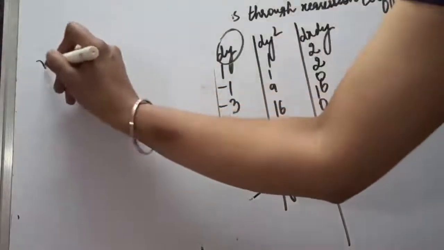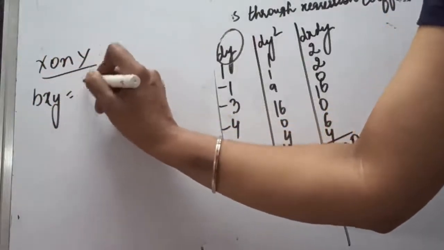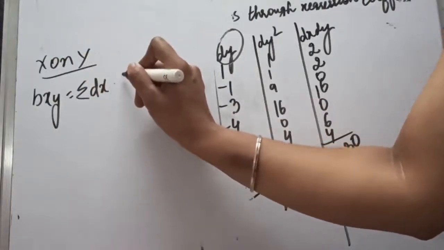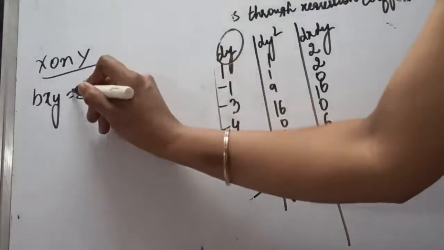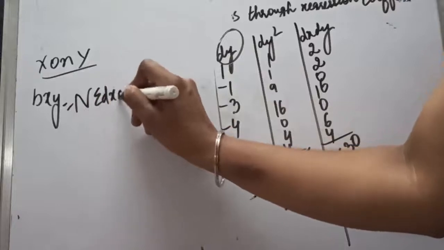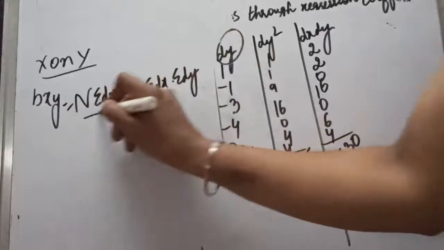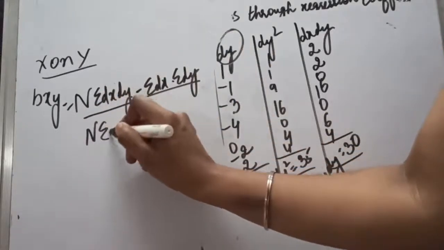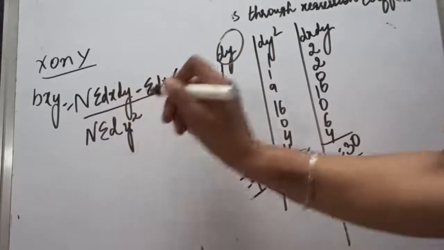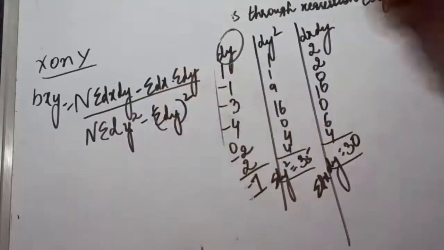If I have to calculate x on y, we will require bxy in that equation, and the formula in case of the assumed mean was, for bxy, n into sigma dx dy minus sigma dx into sigma dy, whole divided by n into sigma dy square minus sigma dy whole square. Now we will put the values.